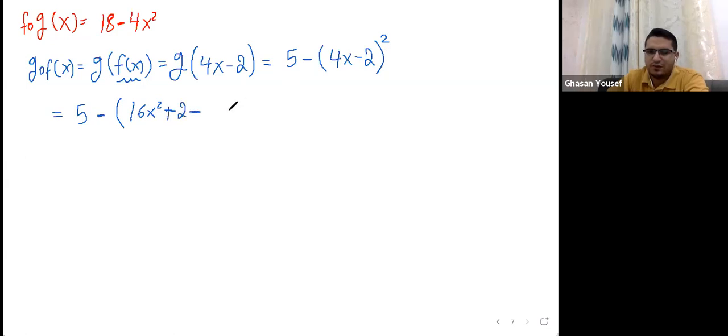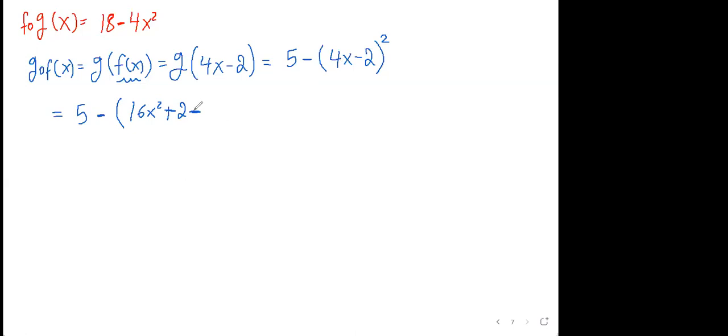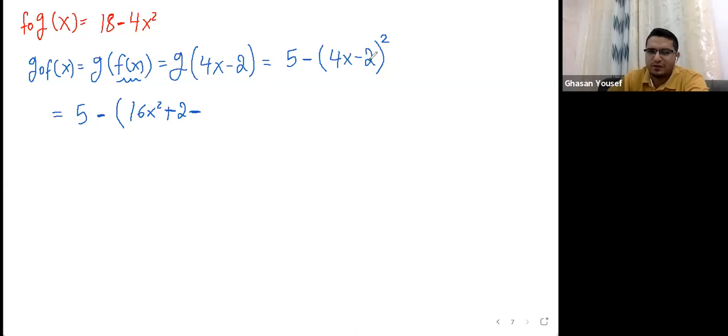Then negative what? We multiply this term by 2. Do you remember? 2 times negative 2, and 2 times 2 is 4, and 4 times 4 is 16x.